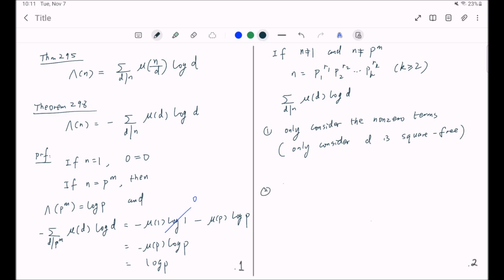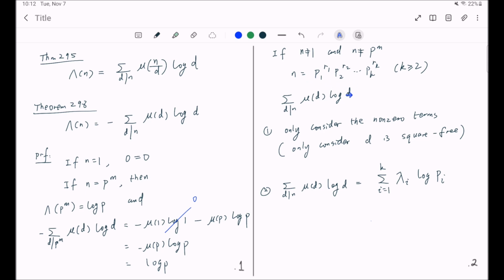you can see we can rewrite the sum as the summation for i equal to 1 to k of some coefficient lambda sub i times log of p sub i. Because each d must be the product of some powers of p sub i's.